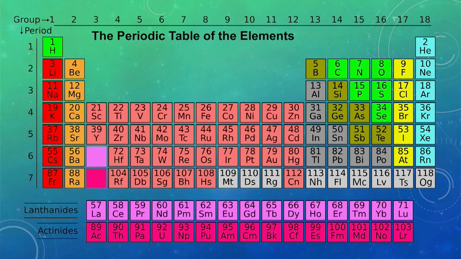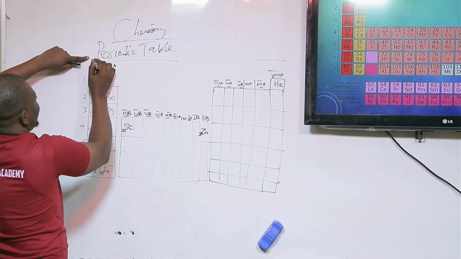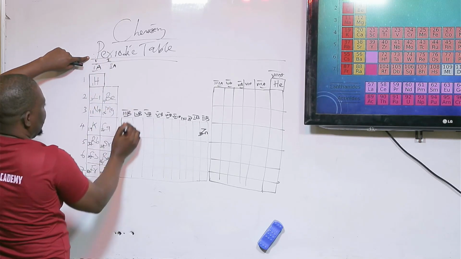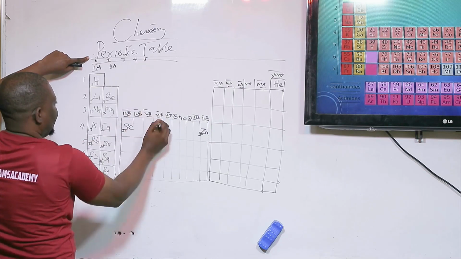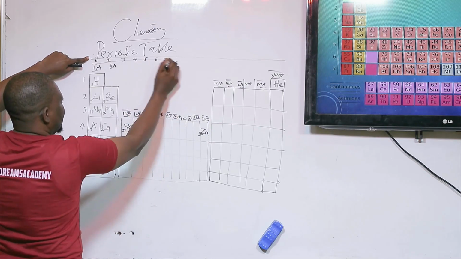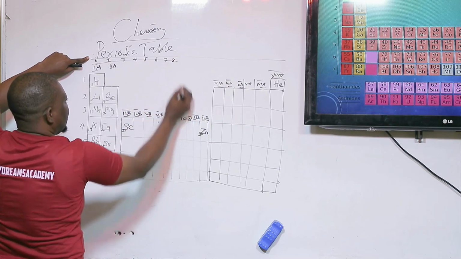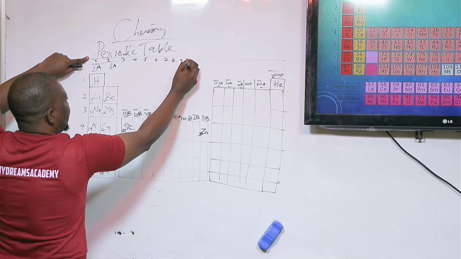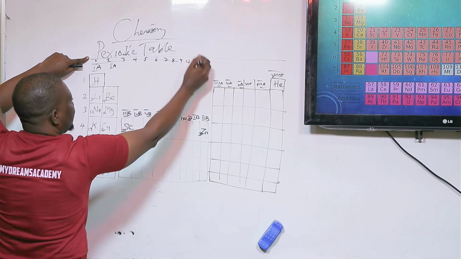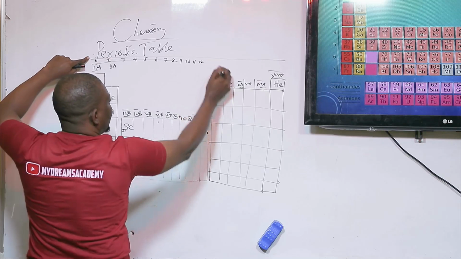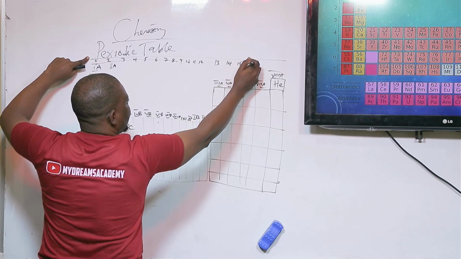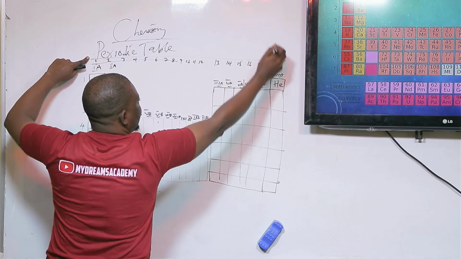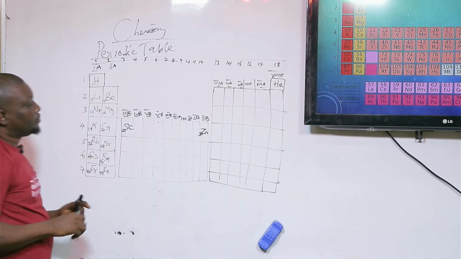Stop here. So this will be what? 1, 1, 2, 3, 4, 5, 6, 7, 8, 9, 10, 11, 12. This one now what? 13, 14, 15, 16, 17, and what? 18.